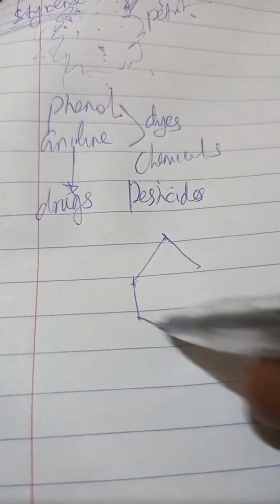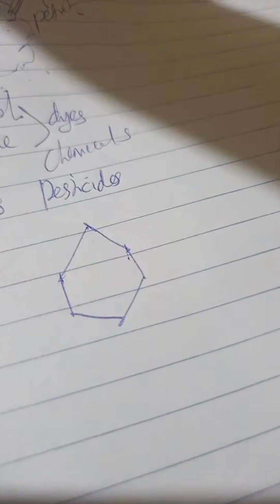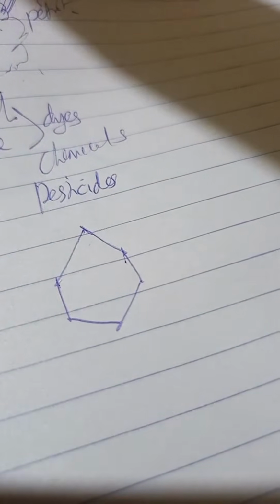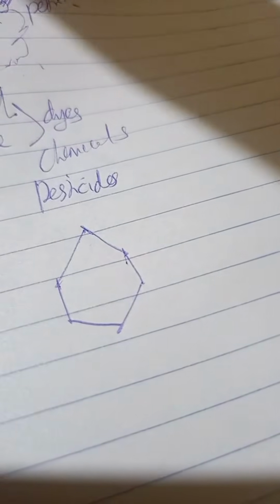The structure is, let me just draw the structure. You have two benzene rings and you join them together, like you carry benzene plus benzene, you now put the structure together. You understand? Something like this. This is benzene here. You now put another one at the side so that it blends together.